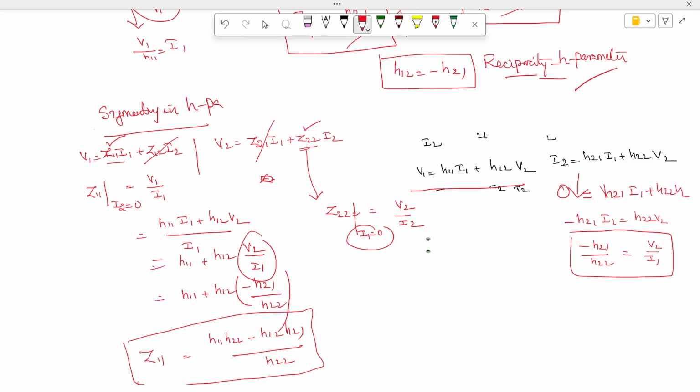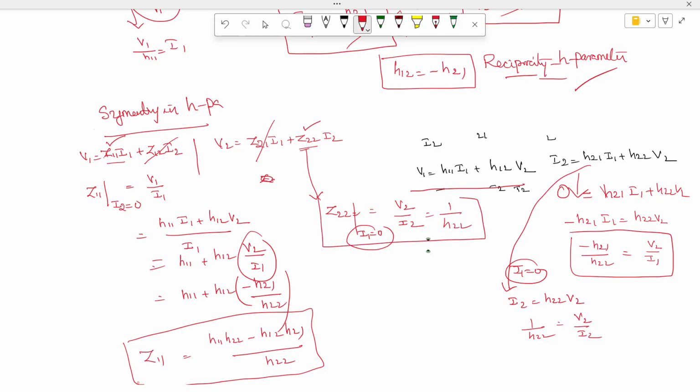When you make I1 equal to 0, I2 is equal to H22 V2. We require V2 by I2, which I can write down as 1 by H22. So this value is 1 by H22.